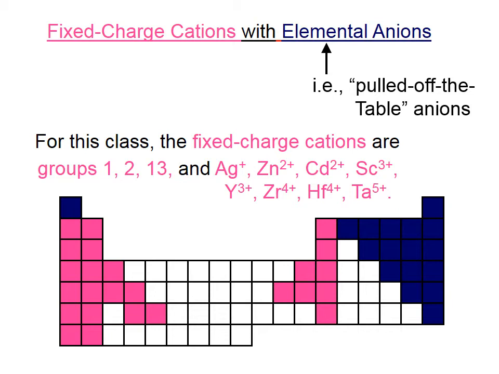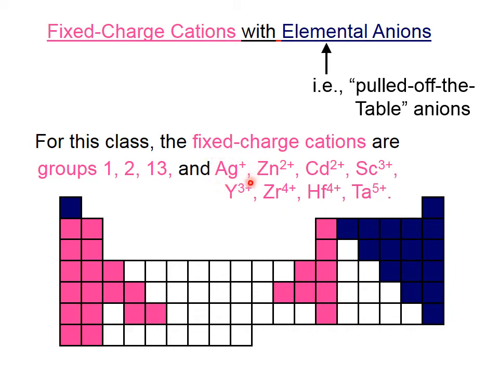Now, if you had to pick and choose between these other fuchsia colored boxes to memorize, if you absolutely can't memorize all of them, the ones you'll want to memorize are these 3 right here. Silver is right there. Silver always loses 1 electron, and so you can see right there in the middle screen, its charge is always 1 plus.